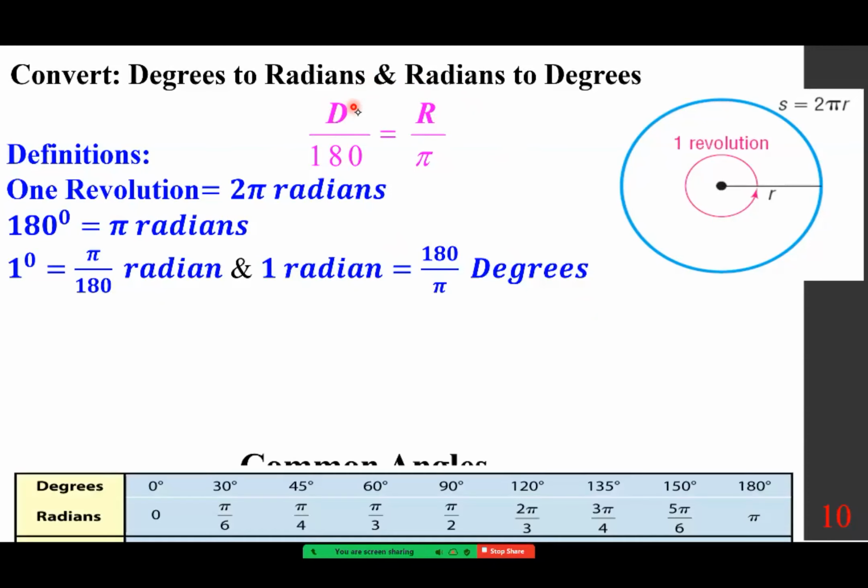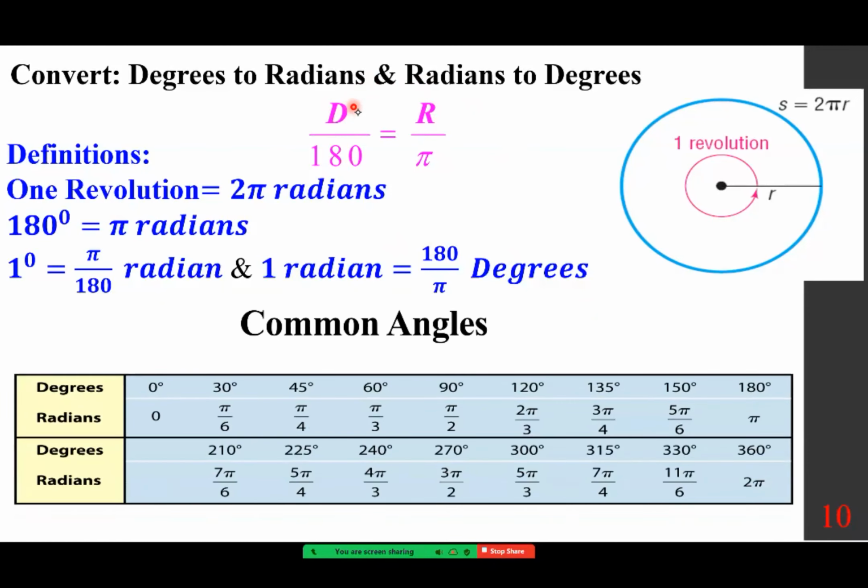So some of the common ones, and again, some of you may remember 0 is 0, but for example, 30 degrees is pi over 6, because 30 is 180 divided by 6. 45, pi over 4. 60, pi over 3. 90, pi over 2. 120, 2 pi over 3. 135, 3 pi over 4. 150, 5 pi over 6. 180, pi.